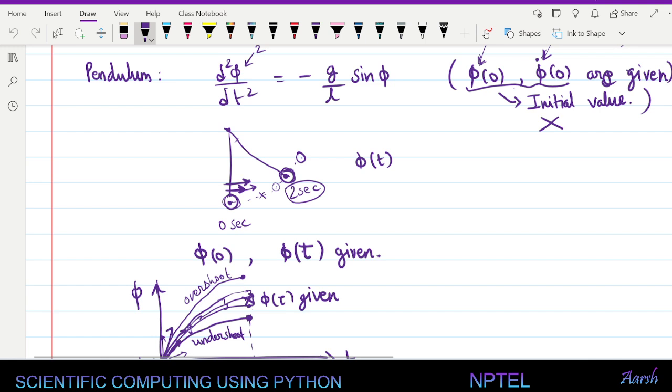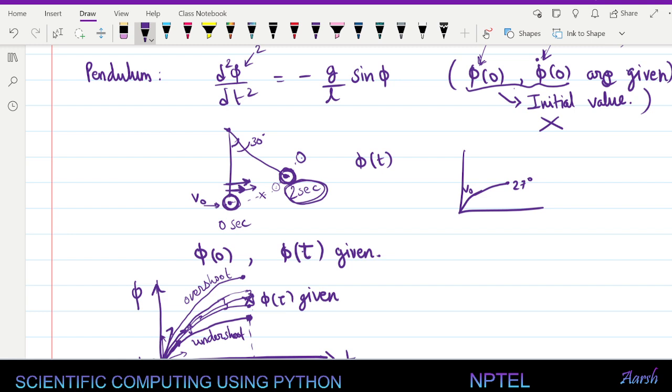The idea is that if we take the example of a real pendulum, let's say you have a pendulum in front of you and your task is to get the pendulum exactly after 2 seconds at, say, 30 degrees. Then how do you do it in real life? Well, you push it with some velocity, say v0, and then see where it goes. So you pushed with v0 and maybe it reached 27 degrees.